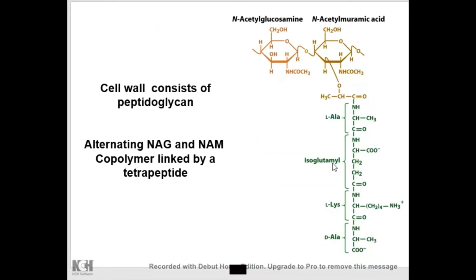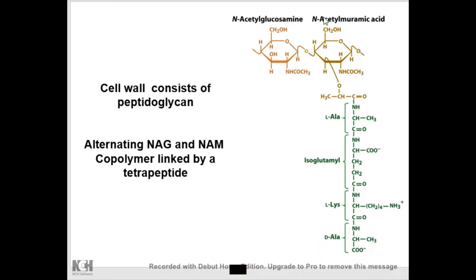On this slide, you can see the structure of a typical bacteria cell wall, which consists of peptidoglycans, and this specific peptidoglycan consists of 2 alternating residues: N-acetylglucosamine, the structure that you already learned in this course, and N-acetylmuramic acid.